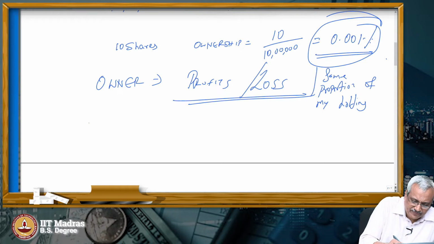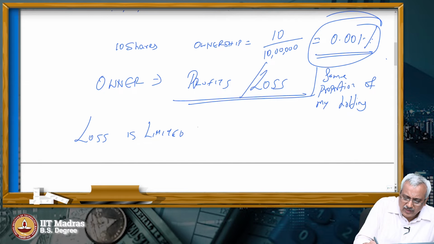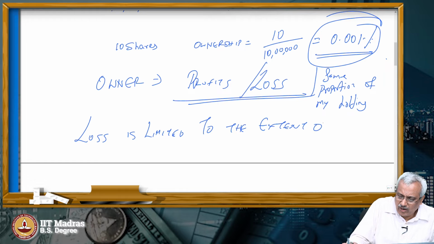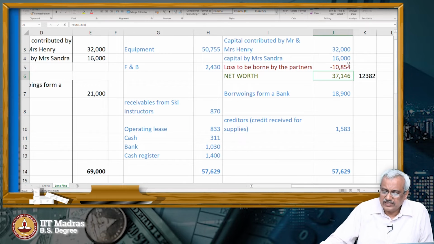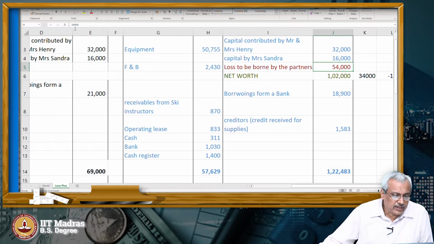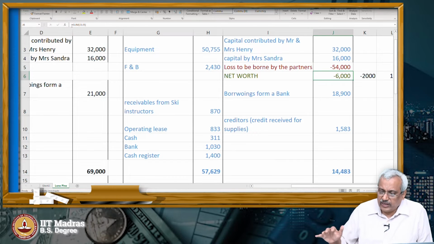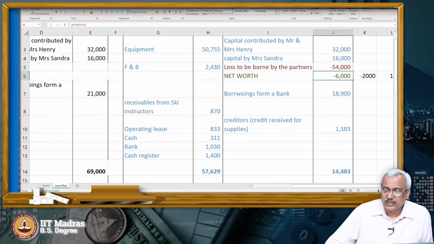That is, your loss is limited to the extent of your investment. What do you mean by this? Let me explain. Supposing instead of the 10,854, the loss was 54,000. Sorry, I think I should have put a negative sign there. If the loss was 54,000, then what is happening?